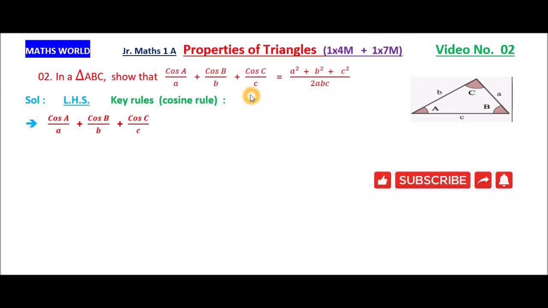If you understand this cos A, you can easily get the remaining cos B and cos C also.